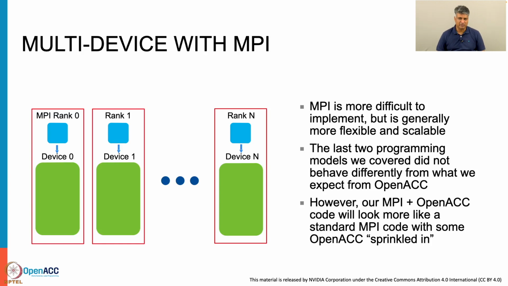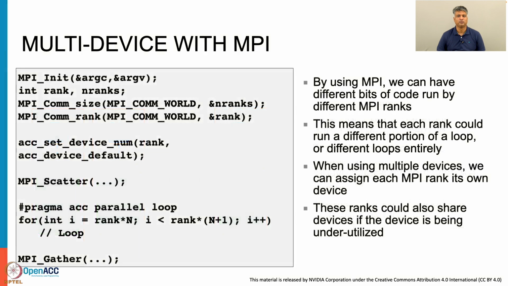In the last 2 programming models we covered, it did not behave differently from what we expect from OpenACC by itself. However, if you look at an MPI plus OpenACC code, it will look more like a standard MPI code with some OpenACC directives introduced. You will still have to initialize MPI, get the communicator size, and get the MPI ranks.